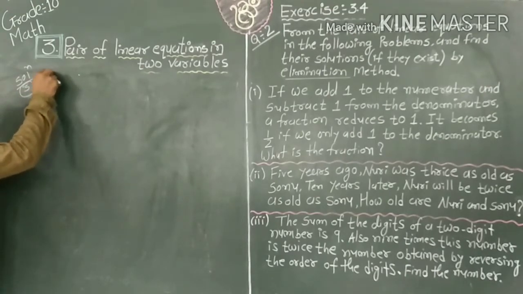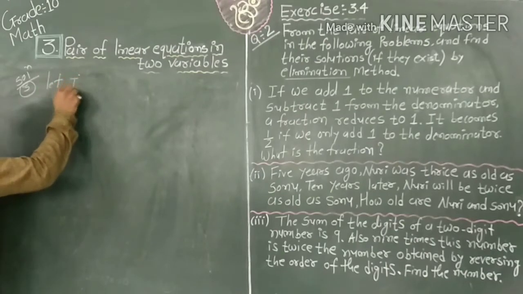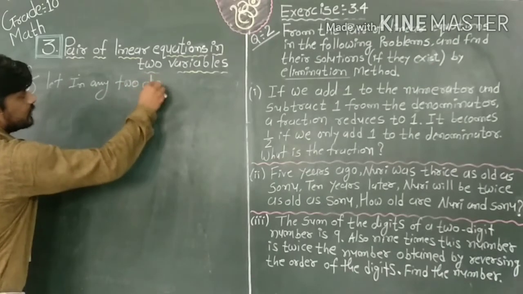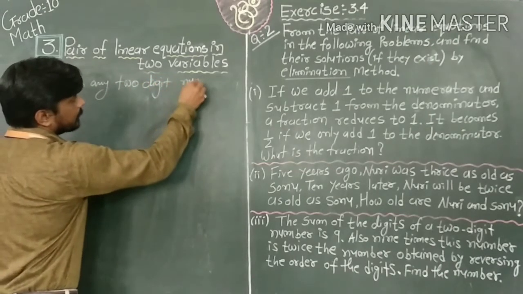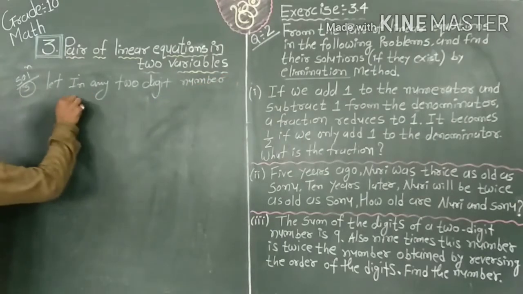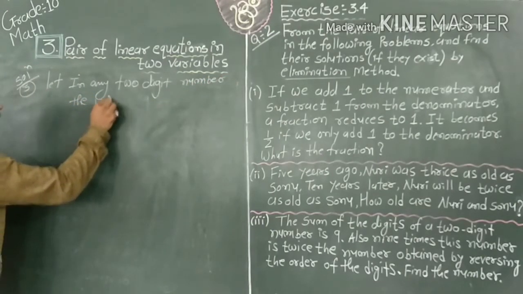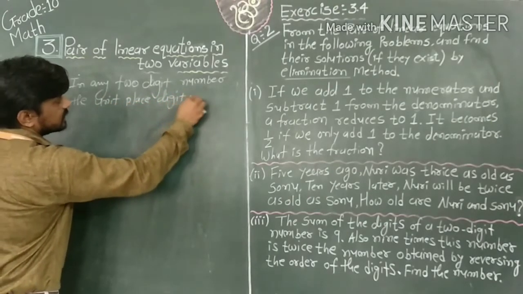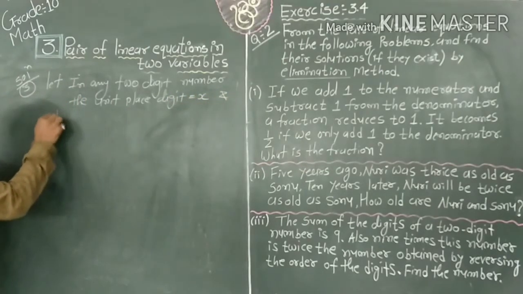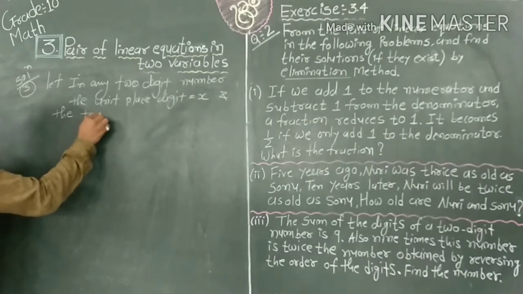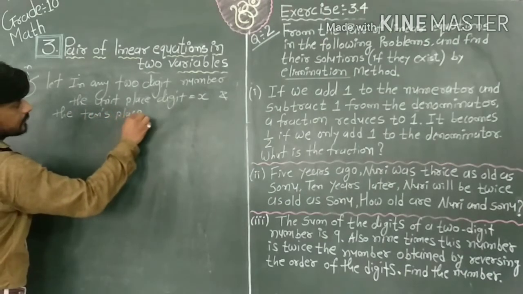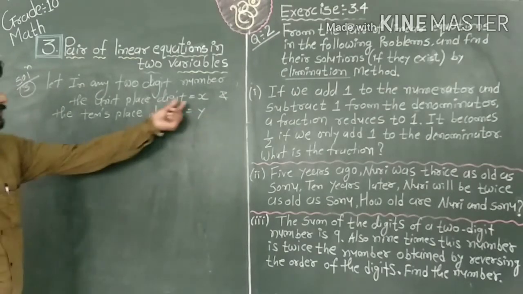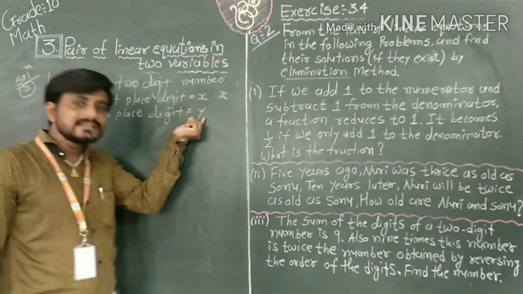Therefore, let any two-digit number have the unit place digit equal to x and the tens place digit equal to y. Okay, this is a unit digit and this is a tens place digit.